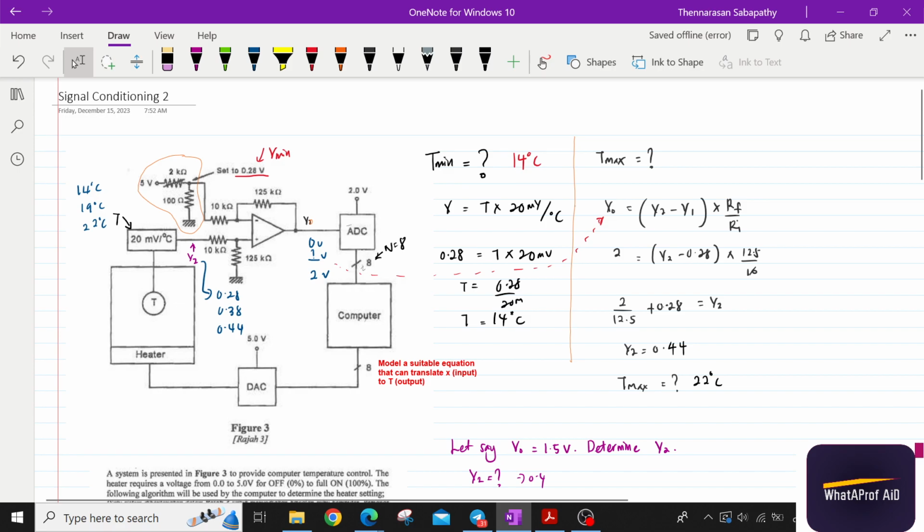For example, let's say I give an output code of 3A in hexa. So 3A, you know how to change it to temperature, right? Can or cannot?